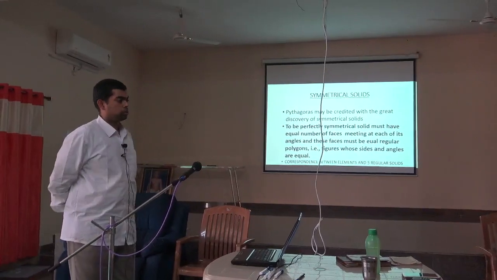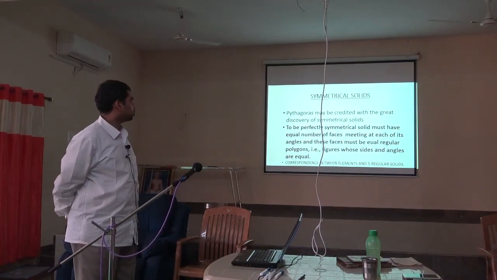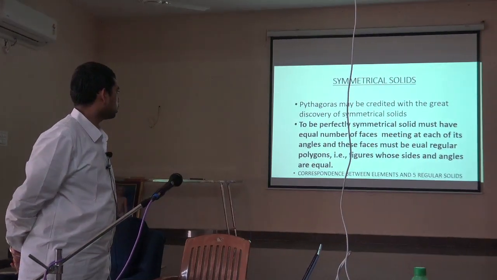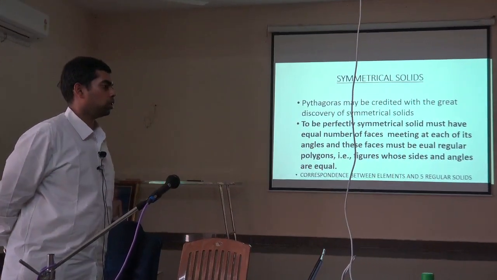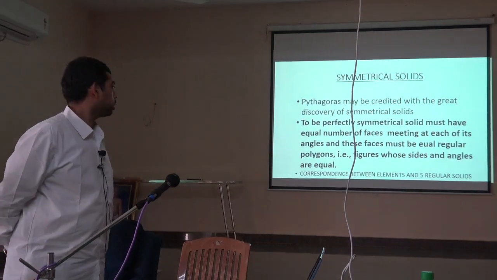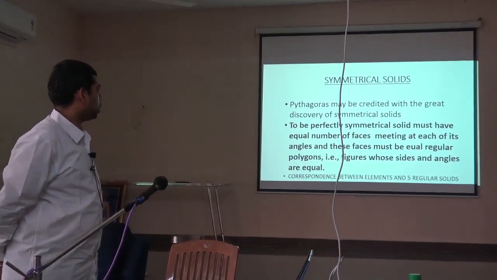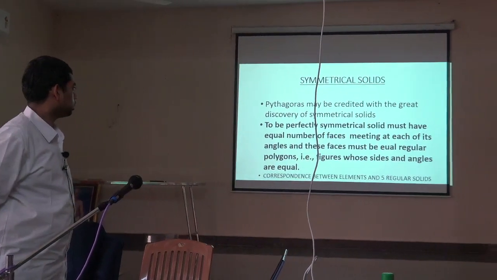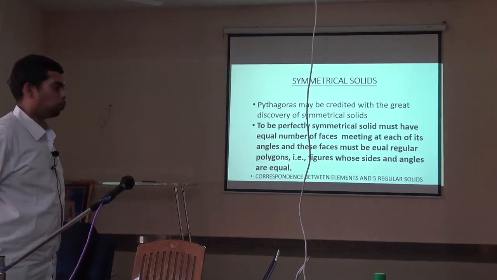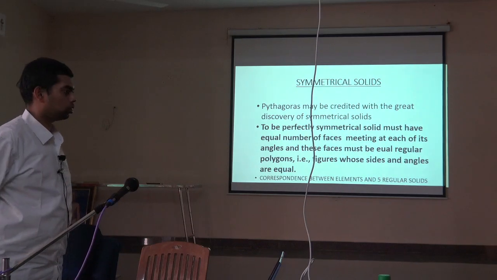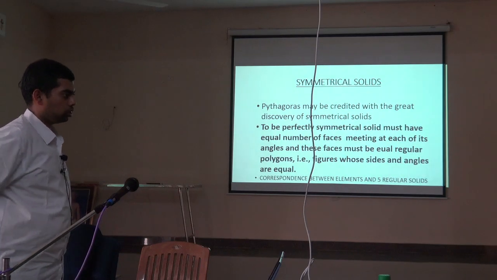So according to this theory, there are something called symmetrical solids. To be a perfectly symmetrical solid, it must have equal numbers of sides, with equal angles between those sides. You can read that.